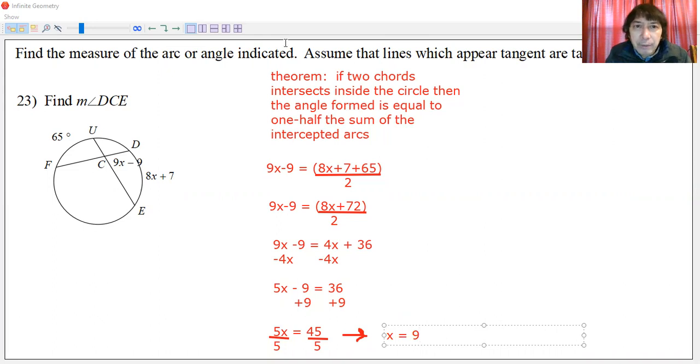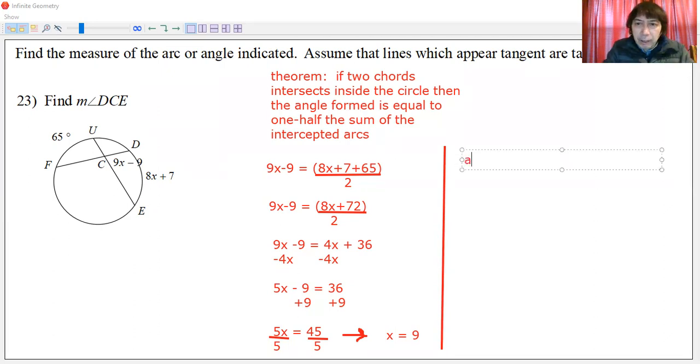All right, we shall compute for the requirement. At the right side space, we're asked to get the measure of the angle DCE. Okay, so the angle DCE is the 9x minus 9. So this is equal to 9 times 9 minus 9.